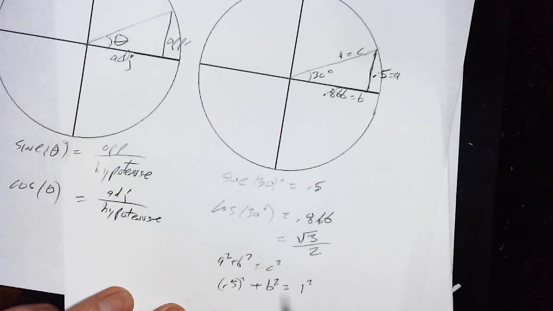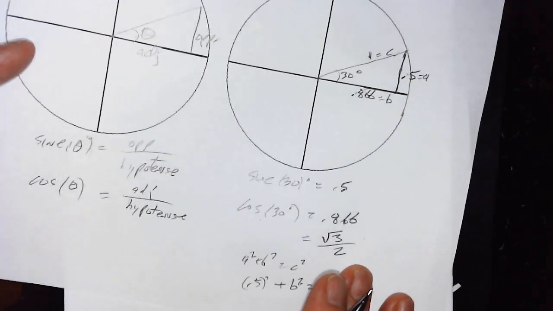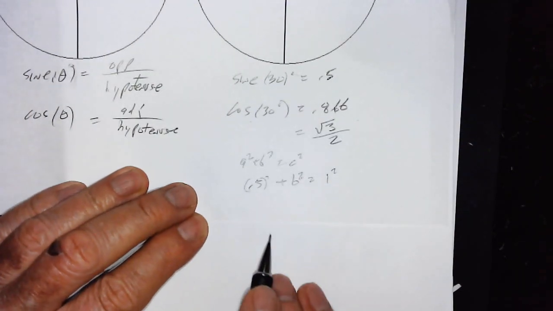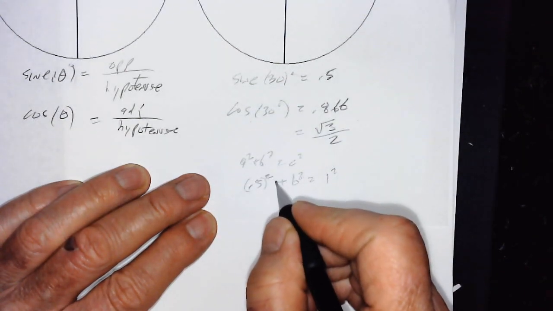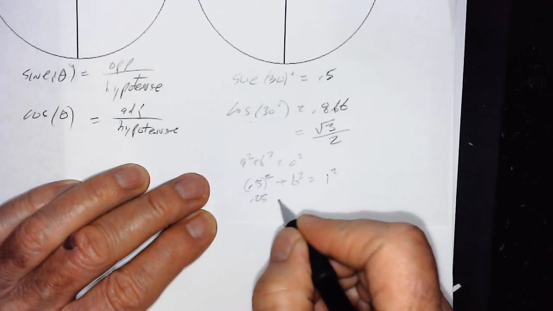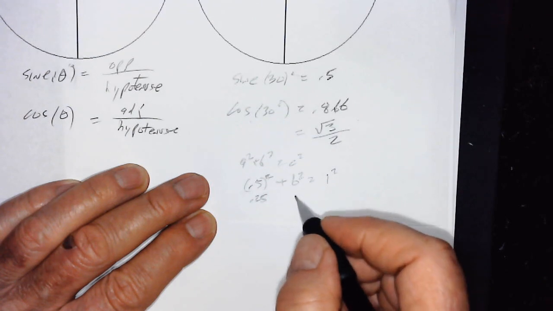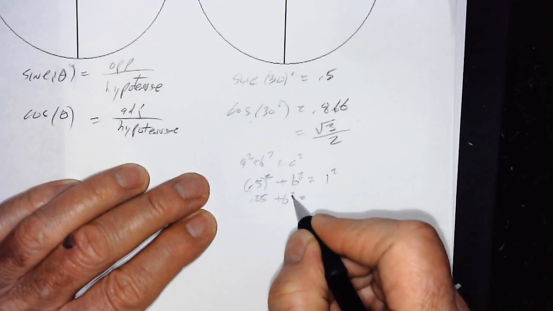0.5 squared, oh wait, can you read everything I'm writing? I better move this down so you can read it. Fortunately, you can still read it. I'm getting to the bottom of this page. 0.5 squared is 0.25. I just know that. Half of 0.5 plus b squared equals 1.